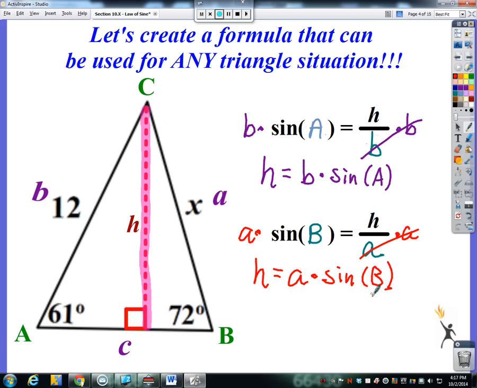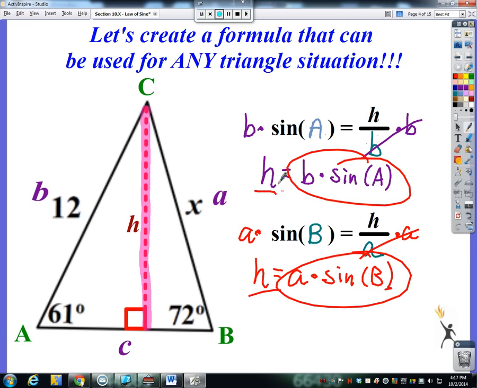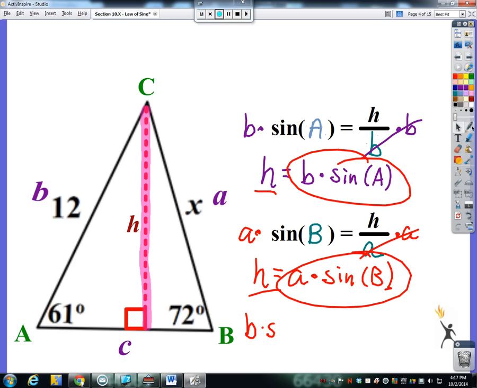Okay, now what? Well, if I know what H is equal to, they look like two different things, right? But really, if these two things equal the same thing, H, then what needs to be true about these two values if they both equal the same thing? Well, they must be equal to each other, right? Think of substitution.